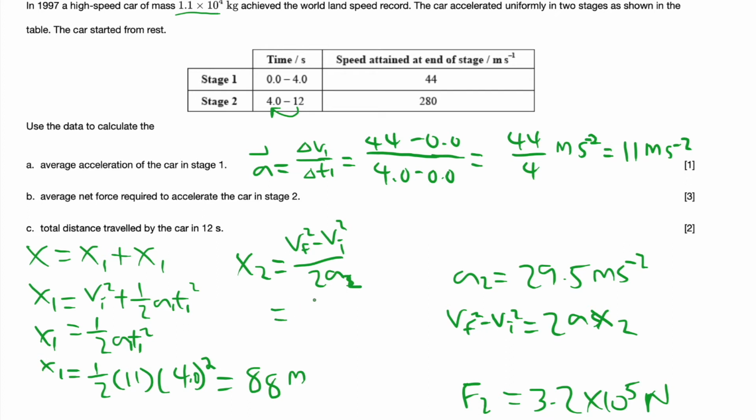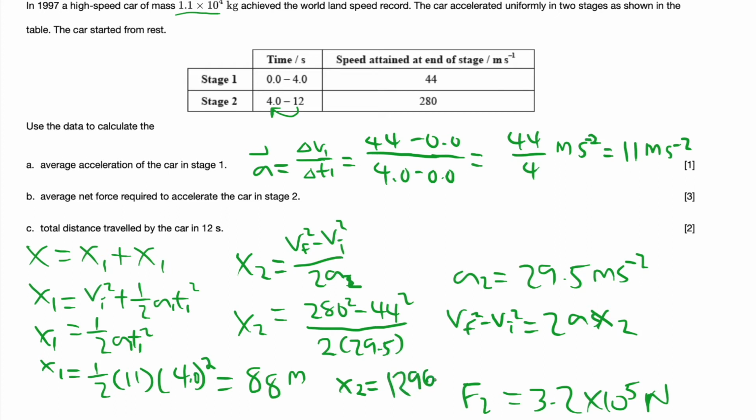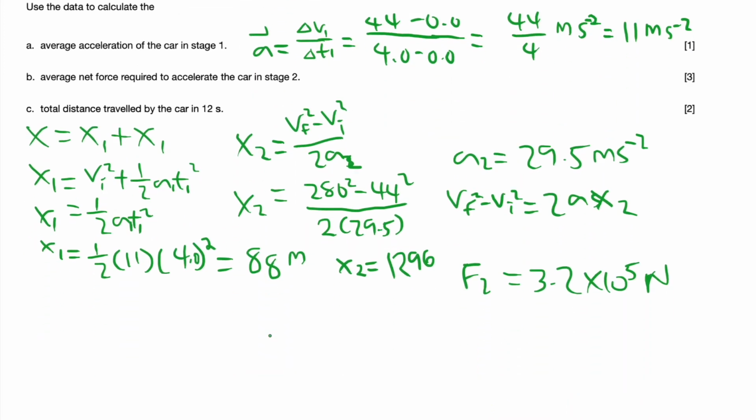And this is equal to 280 squared minus 44 squared over 2 times 29.5. And this will give you a number of 1,296. So now you can calculate the distance.